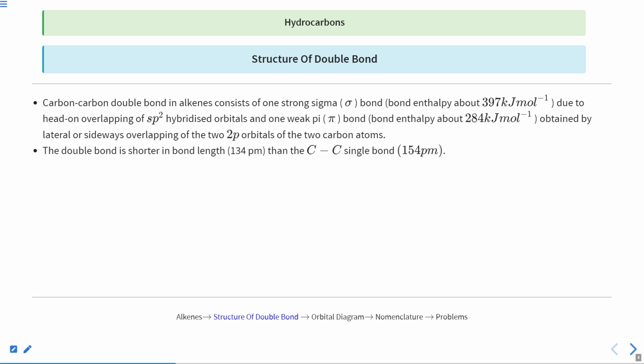So you should be very aware that the carbon-carbon double bond includes the head-on overlap of sp2 hybridized orbitals and the side-on or lateral overlap of p orbitals, which are parallel to each other, and they overlap, resulting in the pi bond. And one more thing, the bond enthalpy clearly indicates that the sigma bond is thermodynamically more stable than the pi bond.